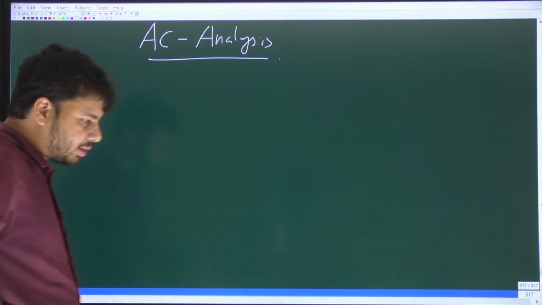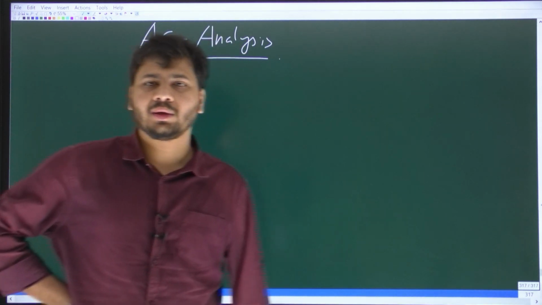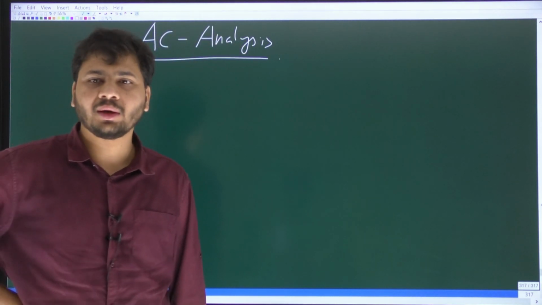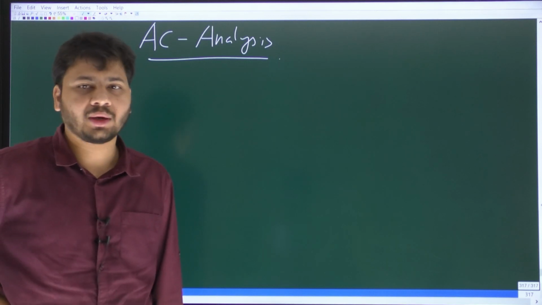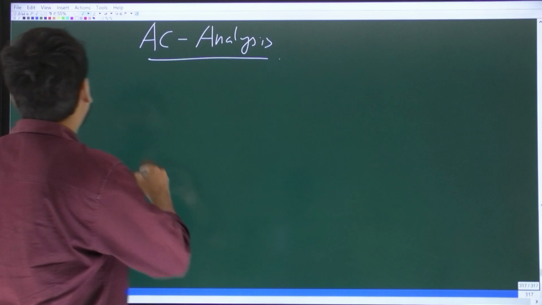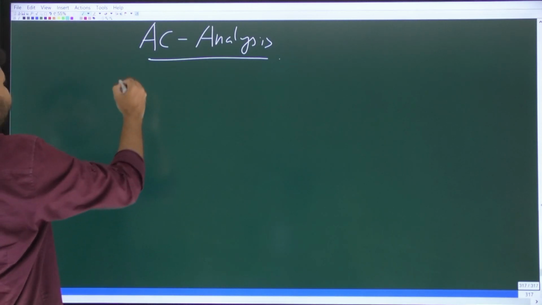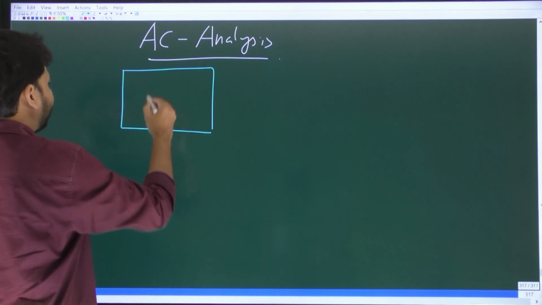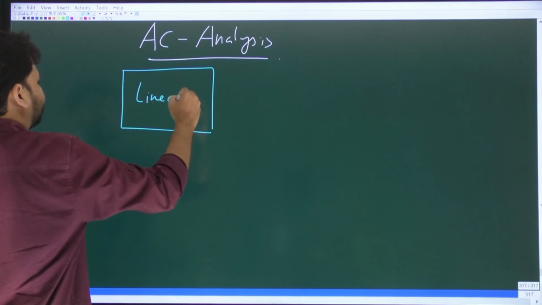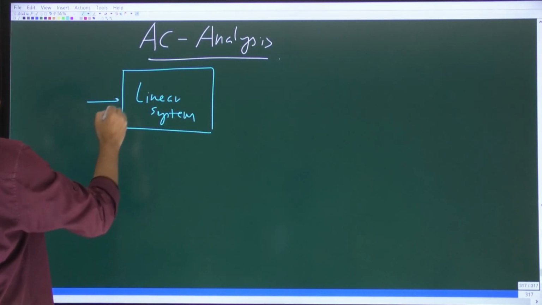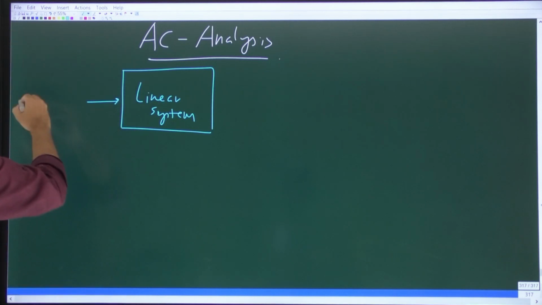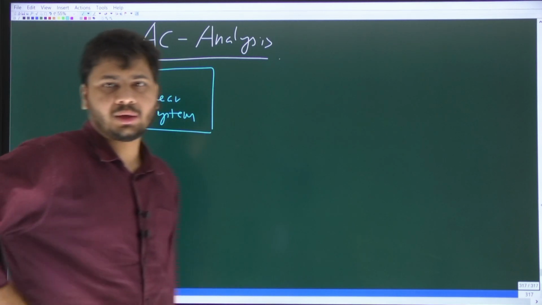Well, before that, we have to look at linear systems in general and how linear systems would respond to sinusoidal inputs. So if you have a linear system for which the input is a sinusoidal function.